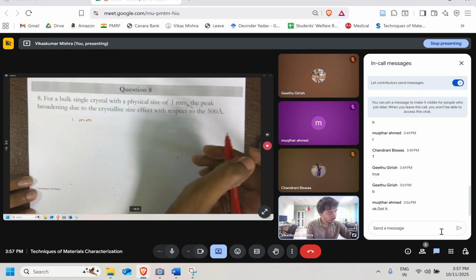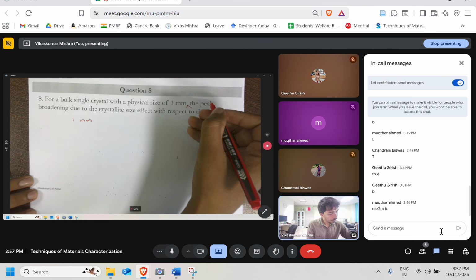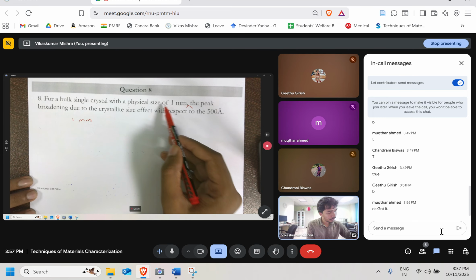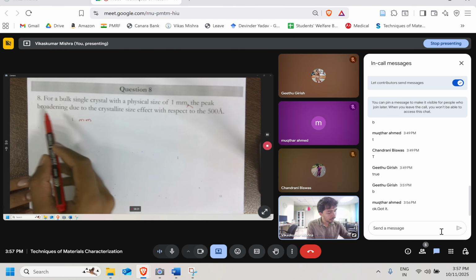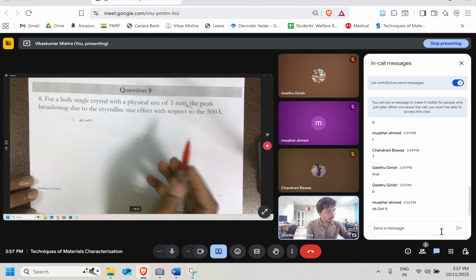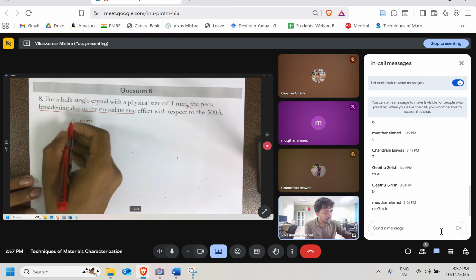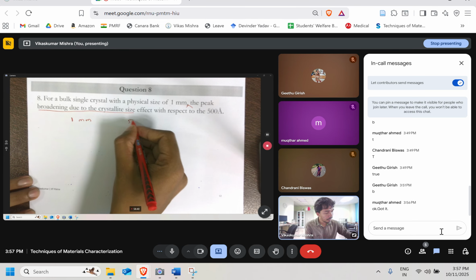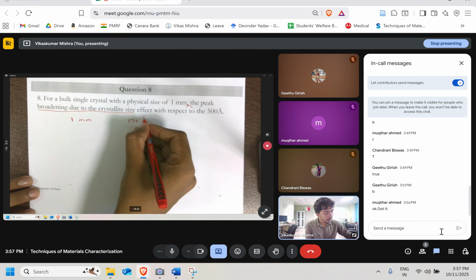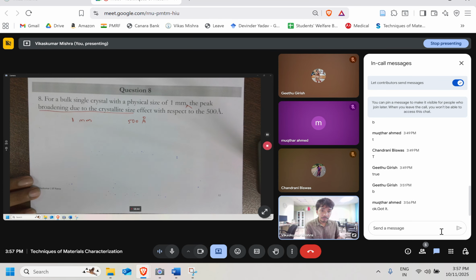Okay, where is the question? For a single crystal with a physical size of 1 mm, the peak broadening due to crystallite size. We want to comment on this. Which one is broader, the 1 mm one or the 500 Angstrom one? In which case will we get more broadening in the peak?